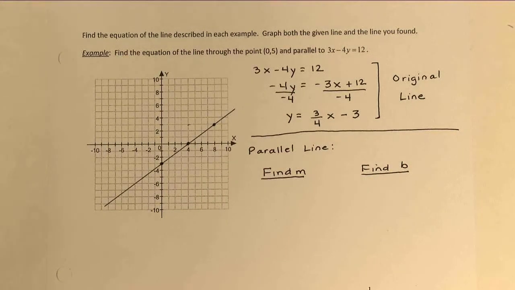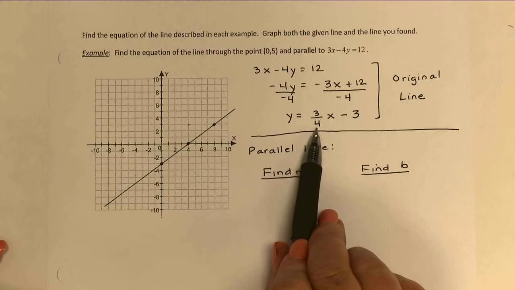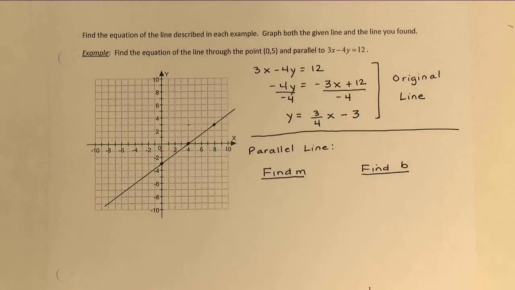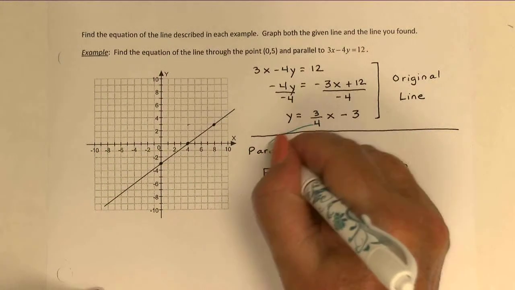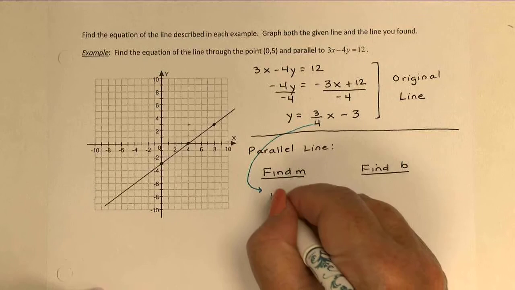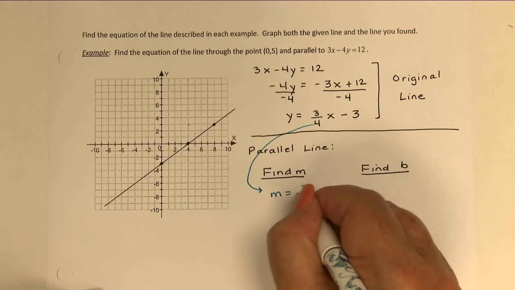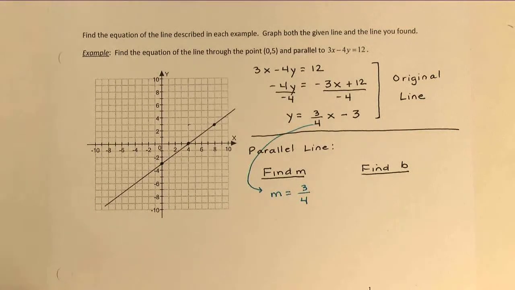In this case, finding m is going to be fairly straightforward. We know that parallel lines have the same slope. The slope of the original line was 3/4, so I'm essentially just going to borrow that and say the slope of my parallel line will also be 3/4.